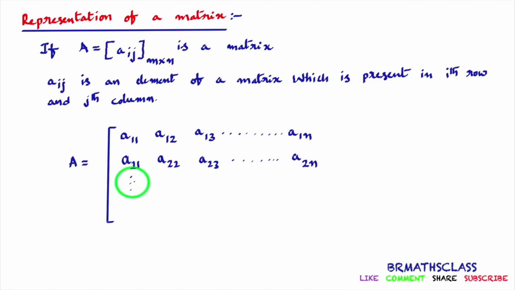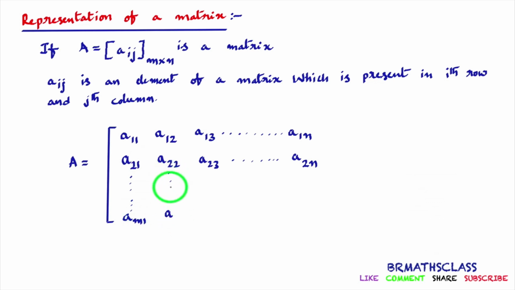Similarly we can extend this further. See what you will get: A31, third row, first column. A41, like that. Total how many rows are there in this matrix? Total m rows. So this is the mth row, first column: Am1.